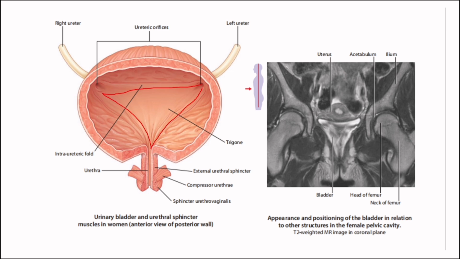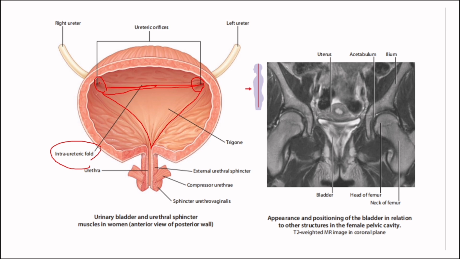So this is the trigone of the bladder. It is made from the openings, the ureteric orifices, of the ureters. As they enter the posterior surface of the bladder, they cause a folding of the smooth muscle, which you call the interureteric fold, the junction between one ureteric orifice and the other.